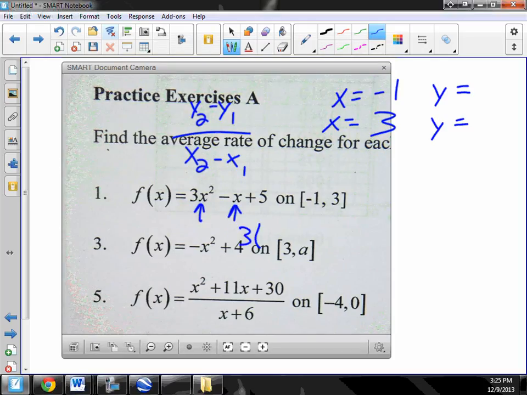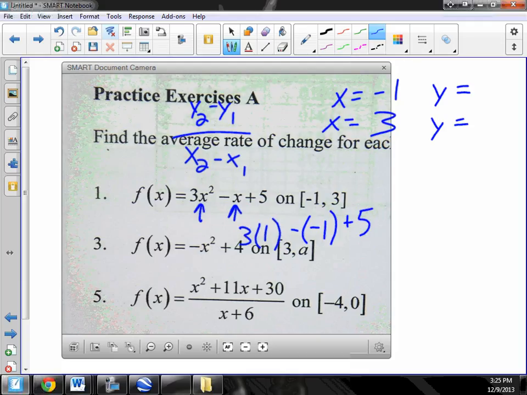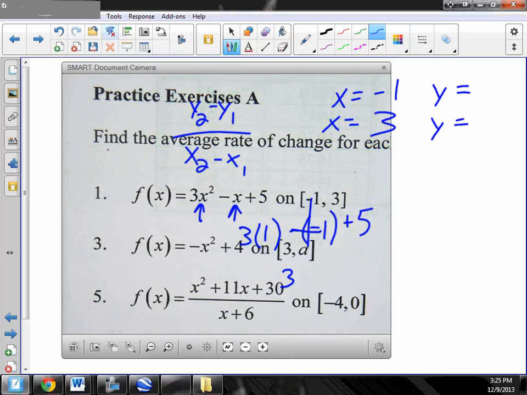3 times -1 squared is 1, minus -1 plus 5. So I have 3 times 1 is 3, minus -1 is just plus 1, plus 5. 3 plus 1 is 4, plus 5 is 9. So -1 comma 9.